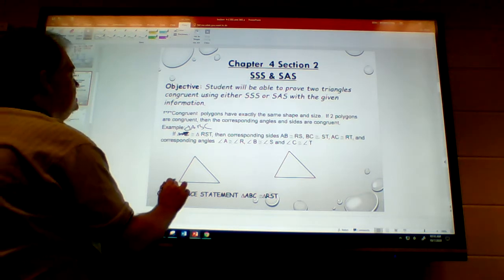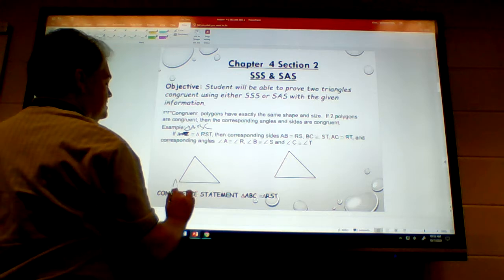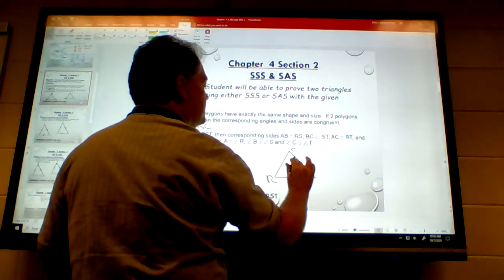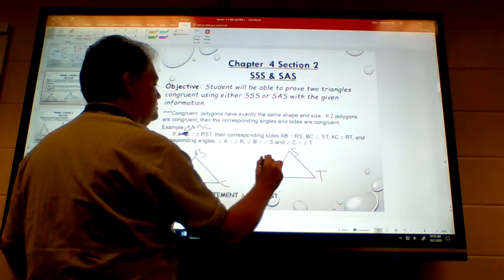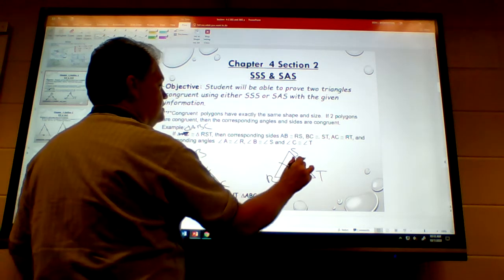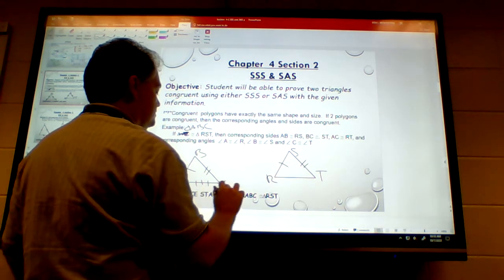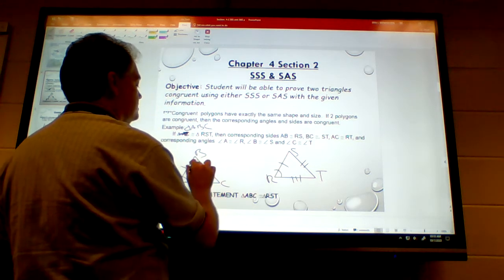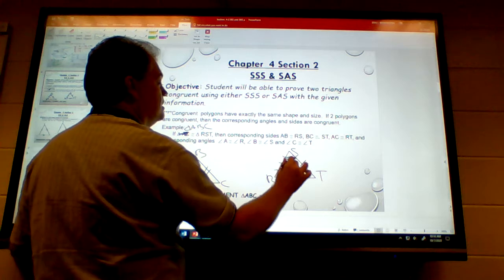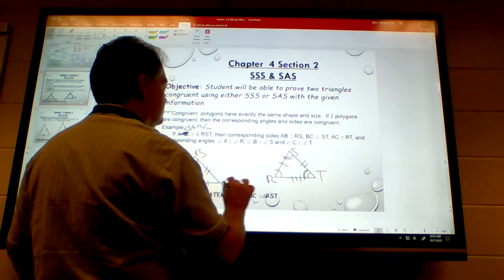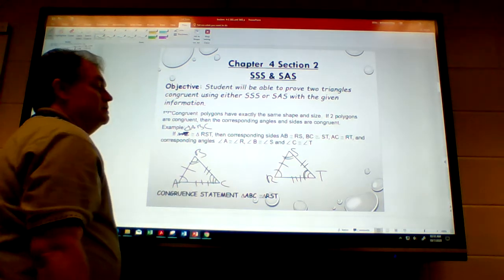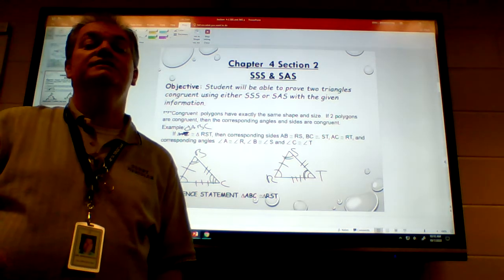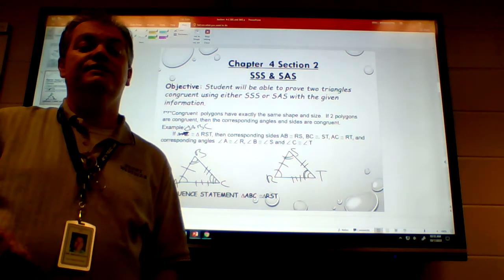This is A, this is B, and this is C, and this is R, S, T. So those two sides are congruent, those two sides are congruent, and those two sides are congruent. These angles are congruent, these angles are congruent, and finally, those angles are congruent. So you have 6 pairs of congruences: 3 pairs of congruent sides and 3 pairs of congruent angles.